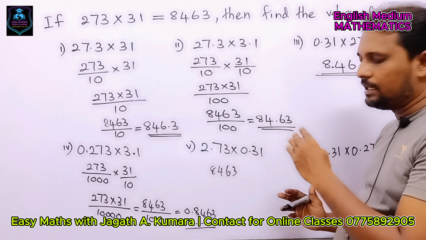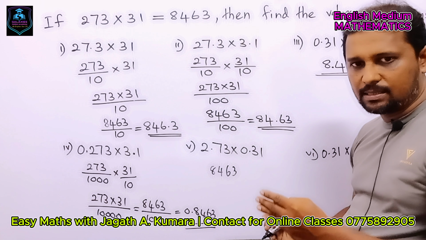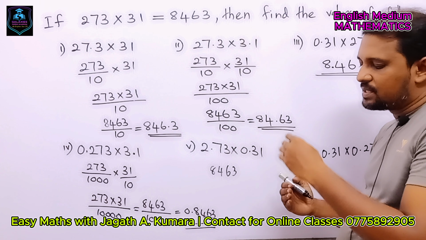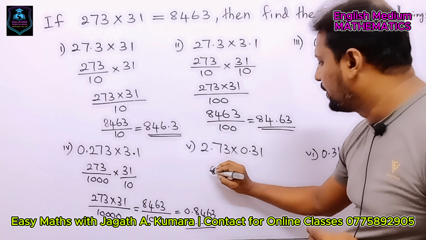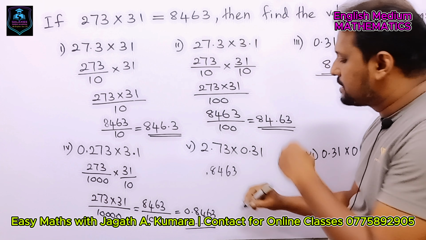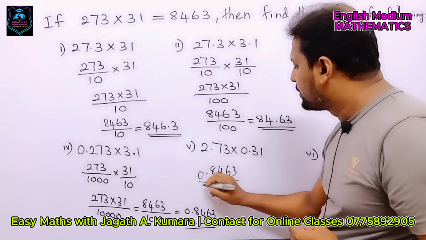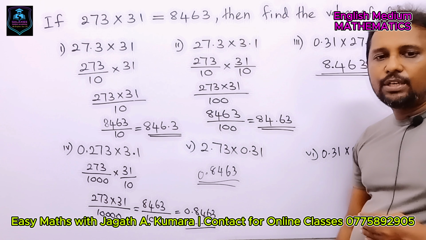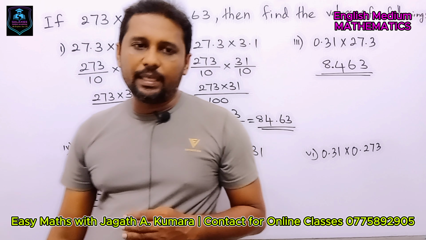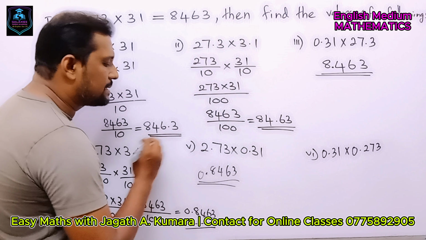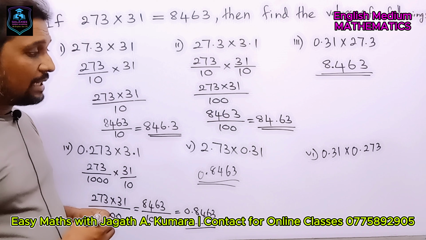So you have to keep four decimal places. That means before the last four digits you have to keep the decimal point. There are no digits before the decimal point, so you can put 0 here. So the answer for the fifth part is 0.8463.